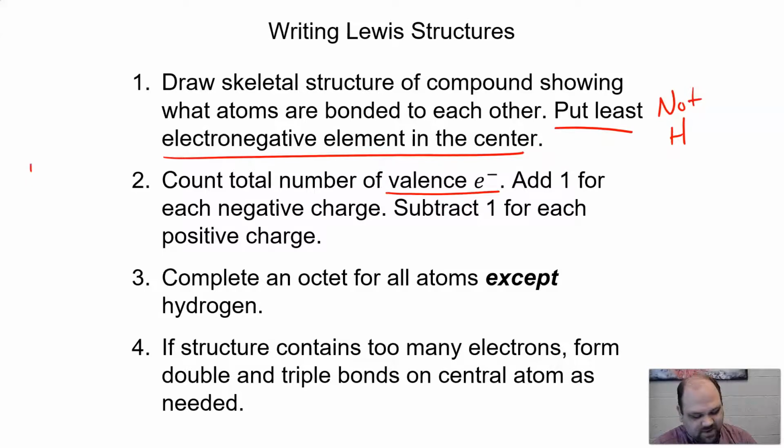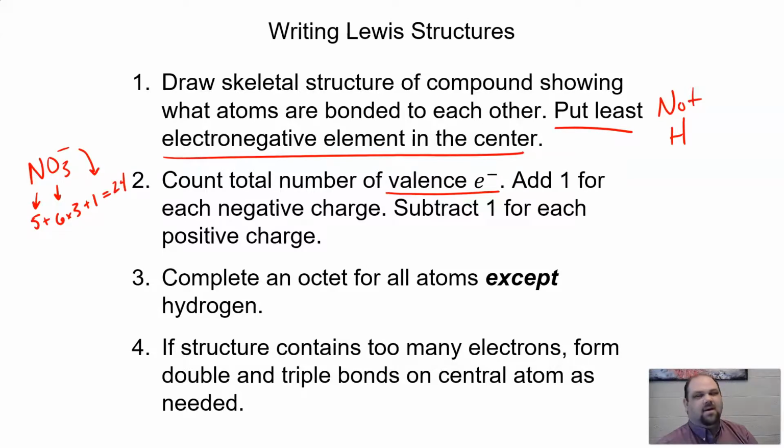So, for example, if we were going to draw NO3 minus, nitrate: nitrogen has 5 electrons, oxygen has 6, and there are 3 of them, and there's 1 extra electron, so we'd be dealing with a total of 24 electrons for NO3.